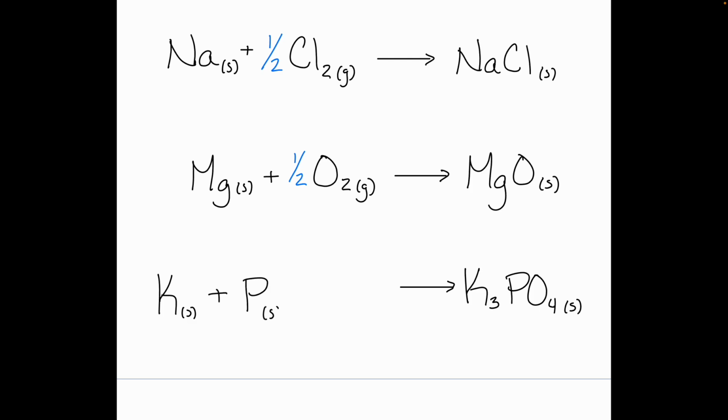Phosphorus is also a solid in its standard state. And again, oxygen is that diatomic gas. I'm going to balance this such that my coefficient remains a 1 on the product side. Here I don't have to use my fraction coefficients, right? You don't always have to. Boom. So here's my balanced formation equation for this potassium phosphate.